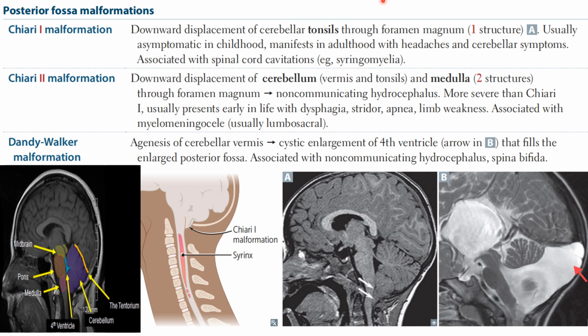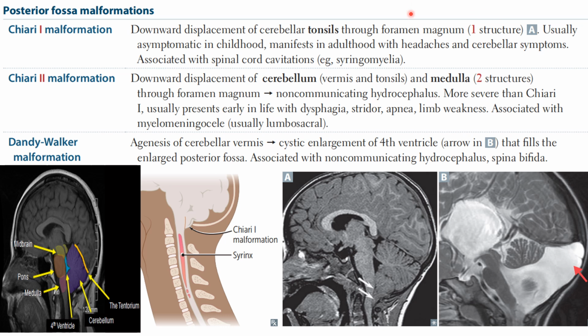So we're not going to see any symptoms in childhood, but as the person grows into adulthood, they're going to get headaches and they're going to have cerebellar symptoms. So what are going to be the cerebellar symptoms here?